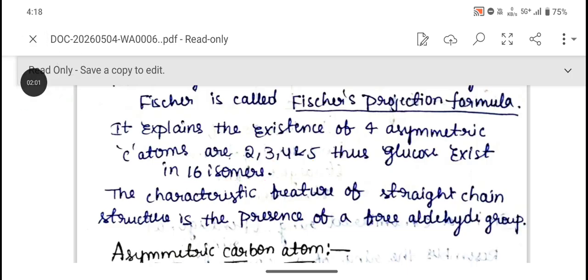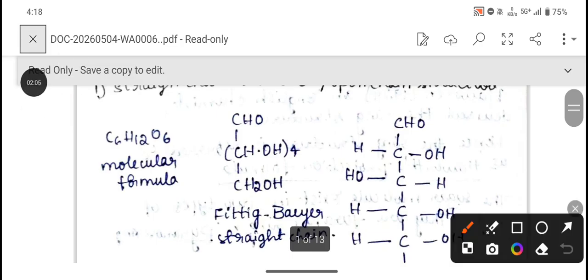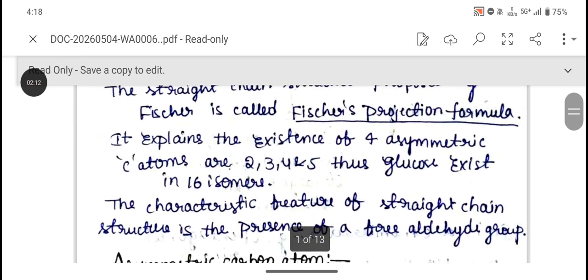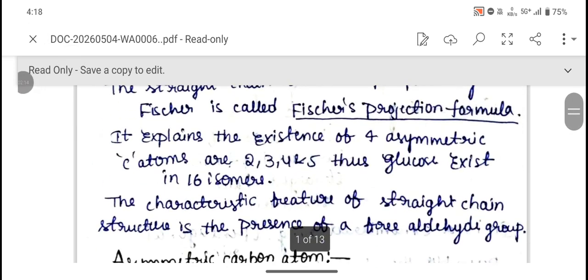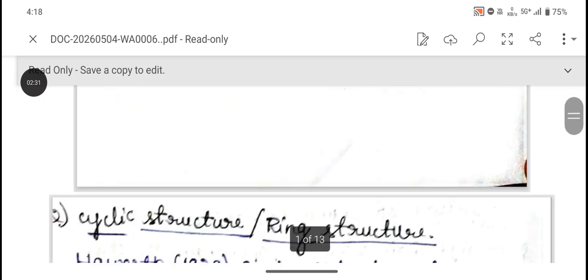If you substitute the number of asymmetric carbons in the formula 2 to the power n, it gives 16 isomers. The characteristic feature of the straight chain structure is the presence of a free aldehyde group, a CHO group, as you can see in the structure of glucose.